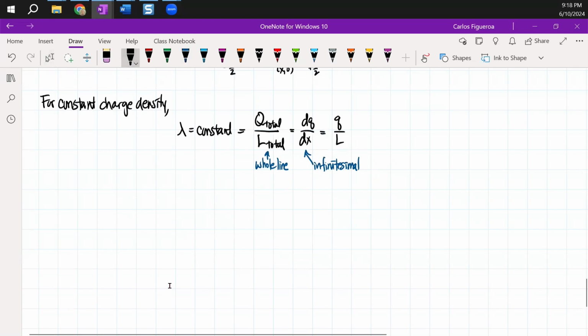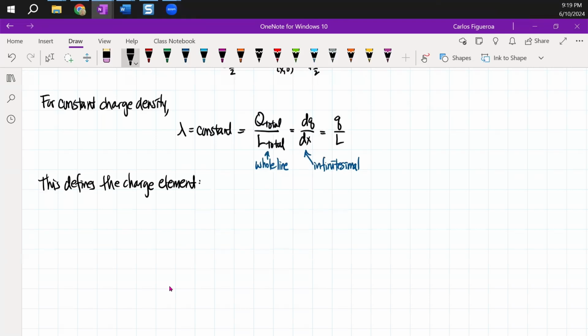From here, this defines the charge element. In other words, I know that lambda is constant and it's always equal to that, which then tells me that I can now solve for dq.